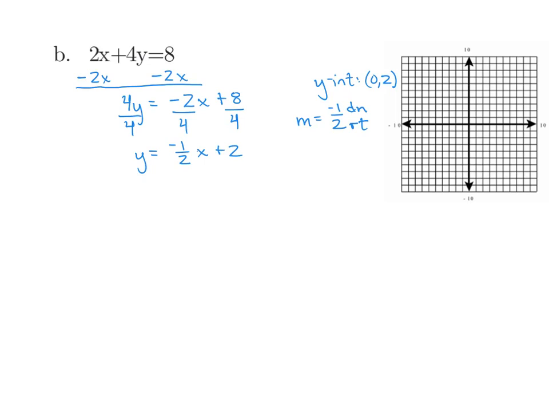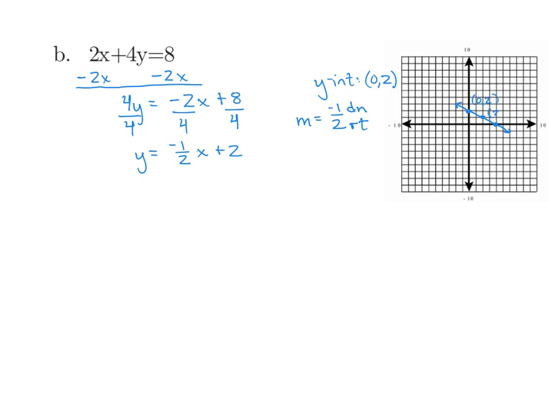So if we go ahead and graph this now, our y-intercept is 2 above the x-axis. We're going to go down 1, right 2, and we can do this a couple times in order to get our line. All right, if we go ahead and connect the dots, this is what we end up with. So my points on the line, I have 0, 2 as my y-intercept.